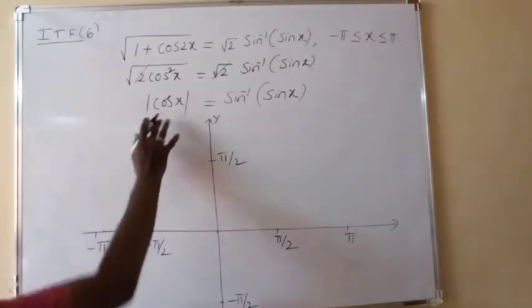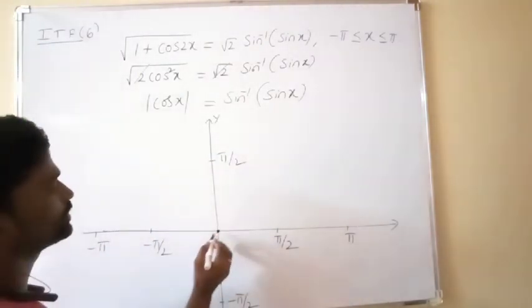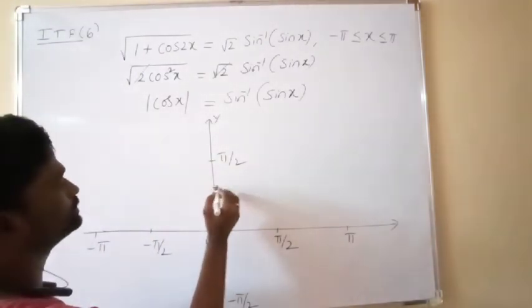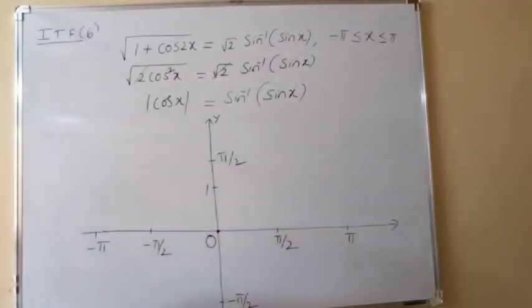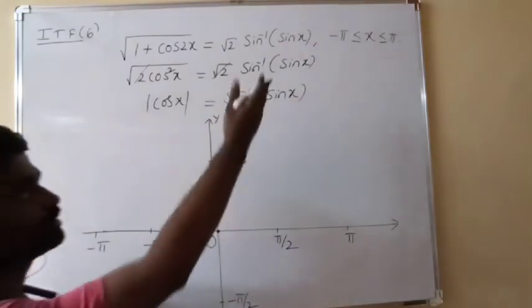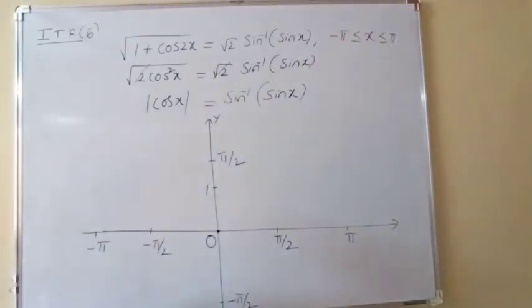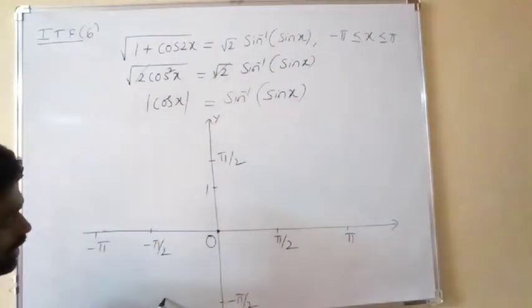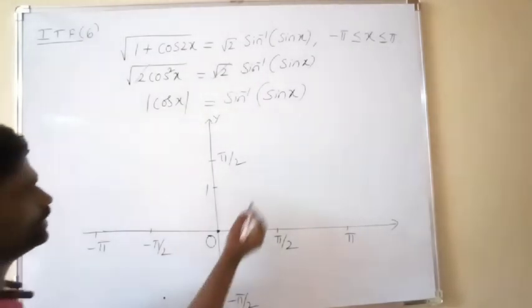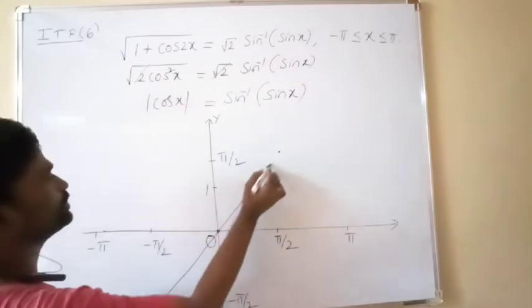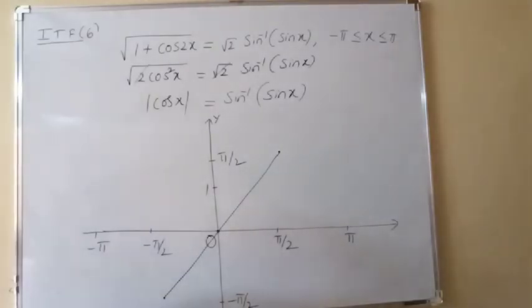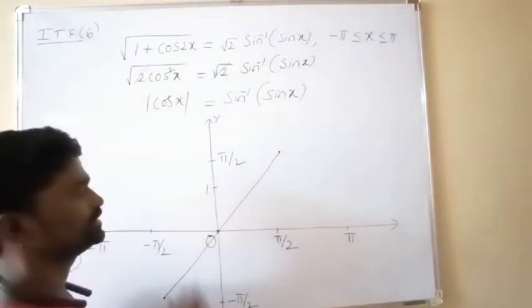And the range of mod cos x is what? 0 to 1. So first I am drawing the sine inverse of sine x graph in the interval minus pi comma pi. I already discussed how to draw that graph. Between minus pi by 2 to plus pi by 2, sine inverse of sine x is the same as x. So this is the line y is equal to x.